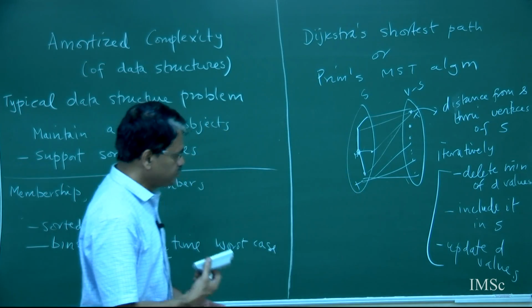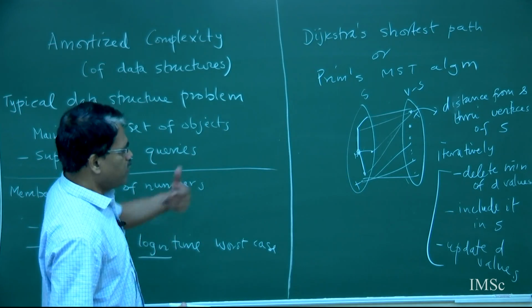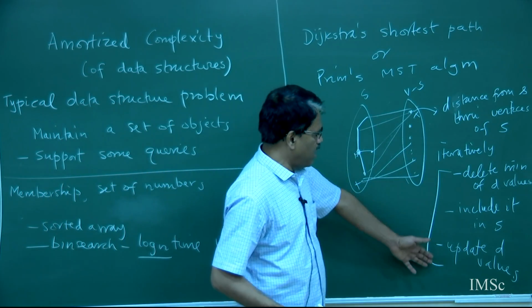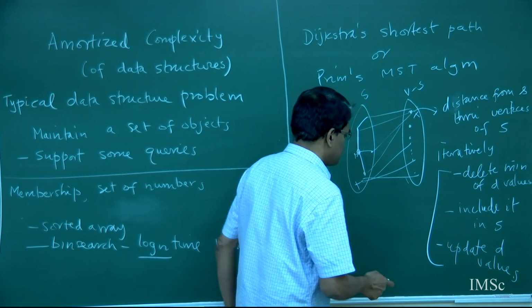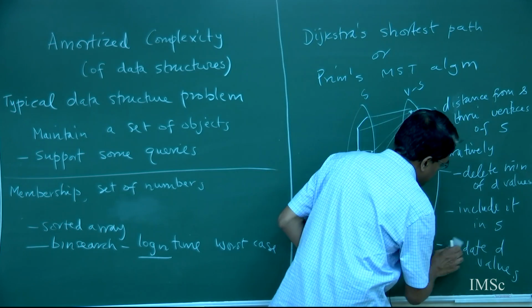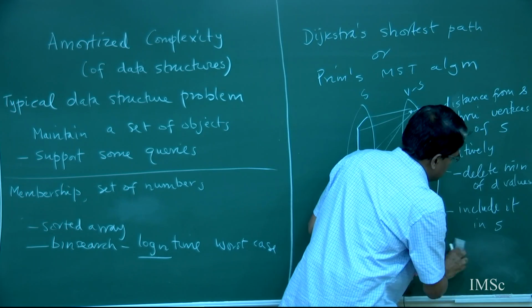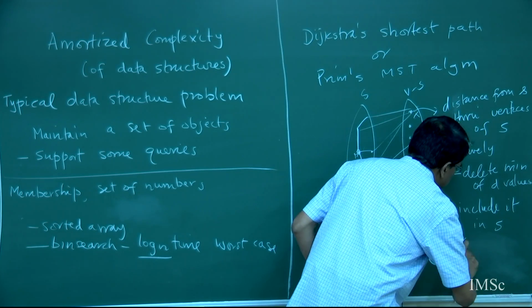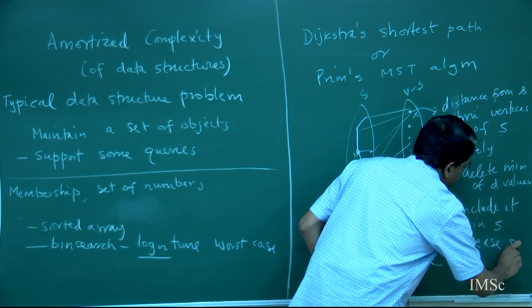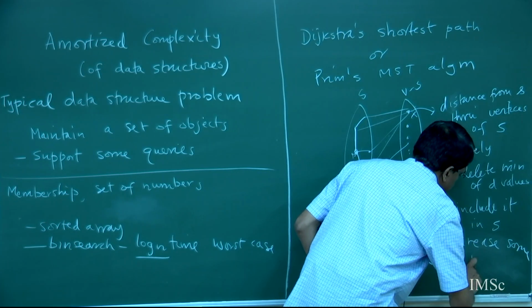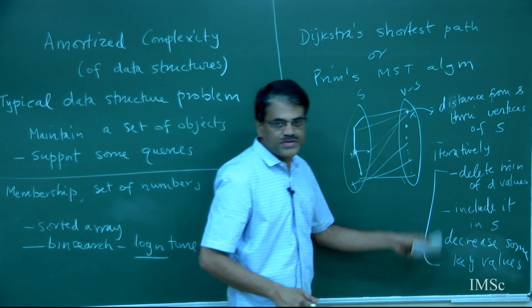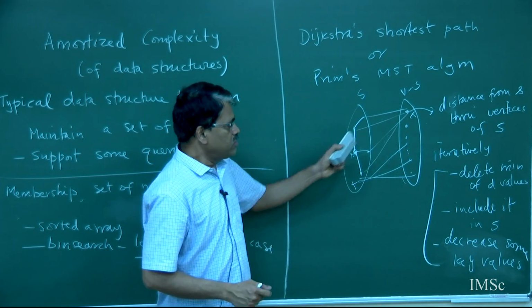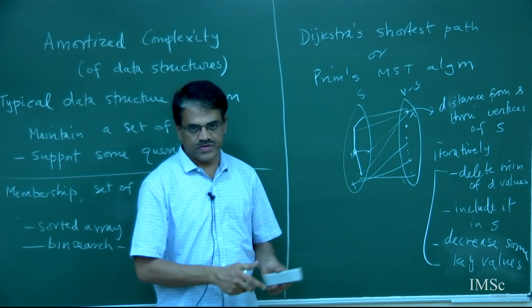So now, because it's a delete min, and this updating of d values is actually decrease key, right? So I would replace it as decrease some key values. And it keeps happening some n times, okay?